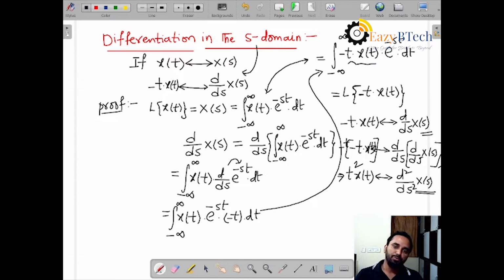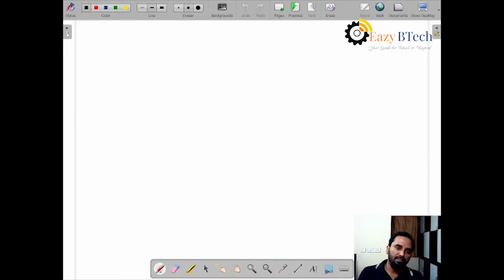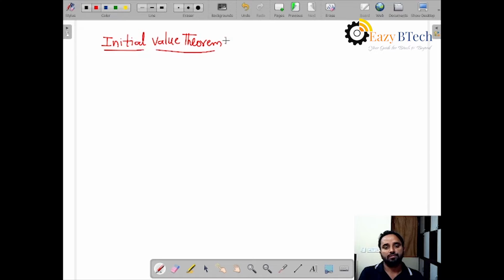Now we move to another property, the initial value theorem. Let's discuss what this theorem says.